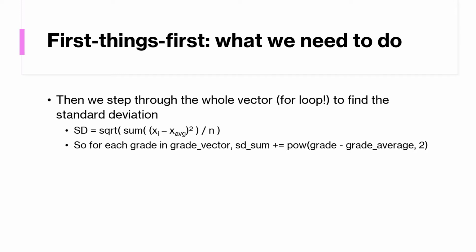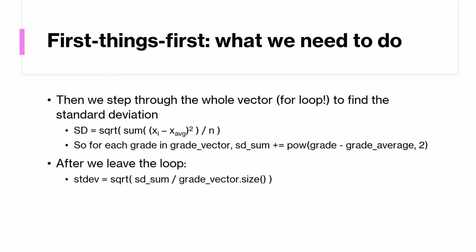And then that whole sum is divided by n, the number of grades. So after we leave the loop, we're going to take the square root of the sum divided by grade vector dot size. Make sure you put the divided by size inside the square root, not outside the square root, or you'll get the wrong number.